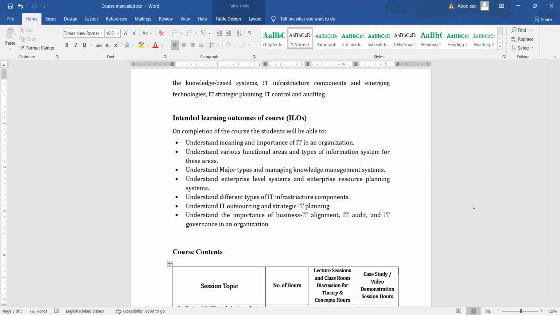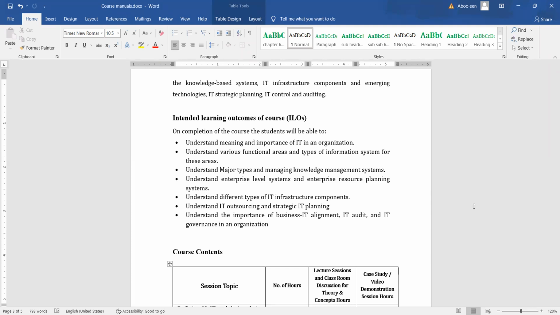Understand different types of IT infrastructure components. So the students can understand what IT infrastructure is, what comes under IT infrastructure, and its related aspects and elements. Students can understand IT outsourcing and strategic planning. So what is IT outsourcing?